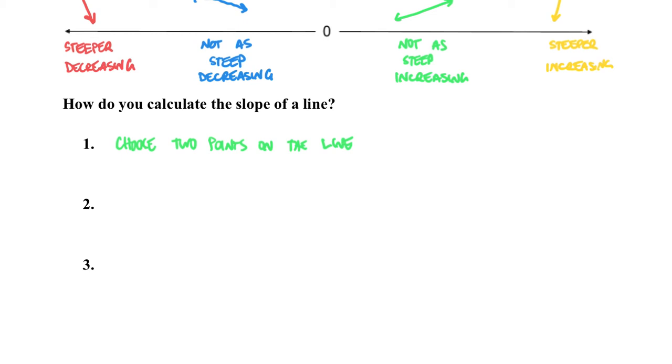We're going to try and avoid fractions and things like that if we can. Then we are going to calculate the rate of change, which is your slope. And if possible, we are going to reduce. So sometimes you get a fraction, and we're going to reduce that if we can. So let's look at a couple of examples of this.